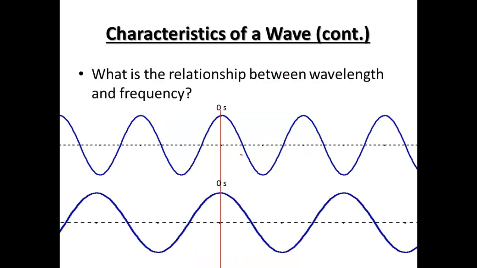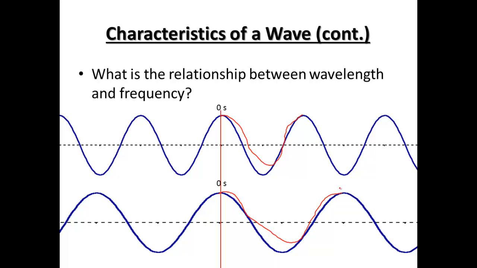Just reminding us back from the last section, wavelength is one full wave. Compare the top one, a shorter wavelength, versus a longer wavelength. In the same amount of time, they travel the same distance, but the frequency changes. A shorter wavelength, like the top one, gives you more frequency.